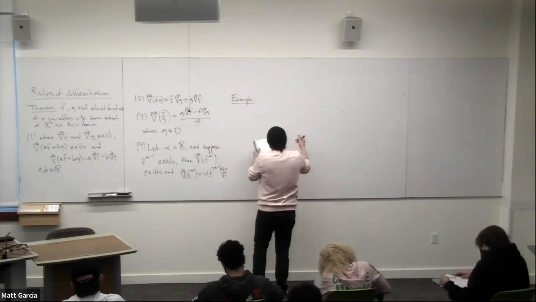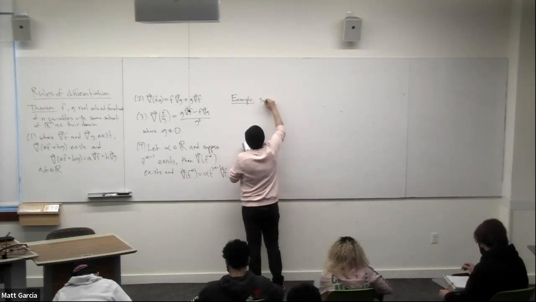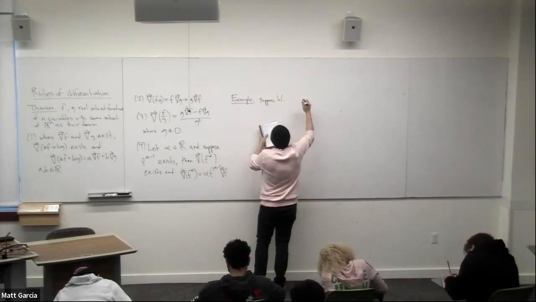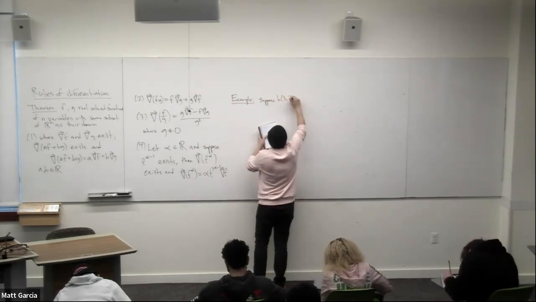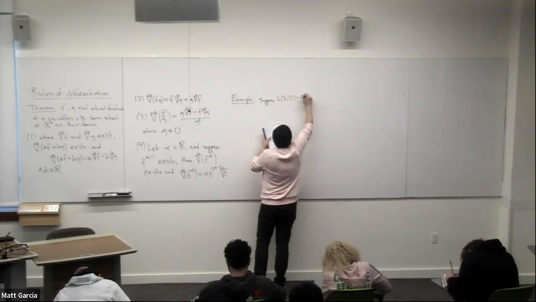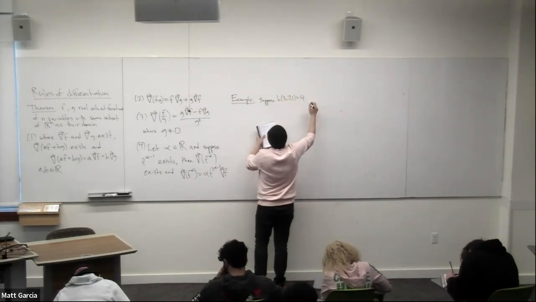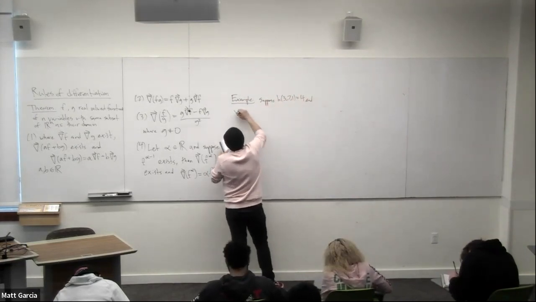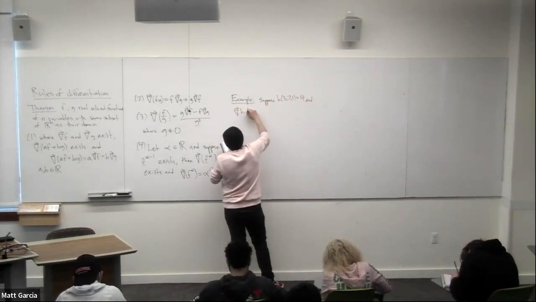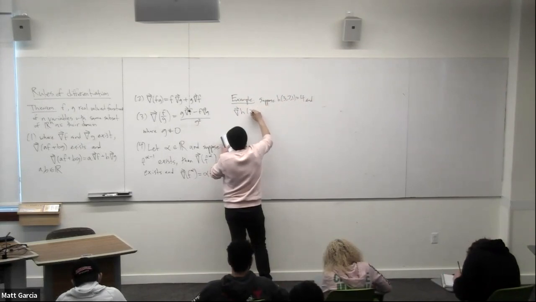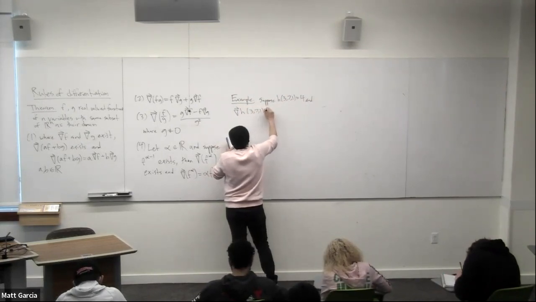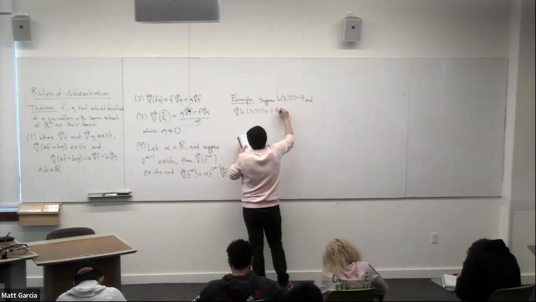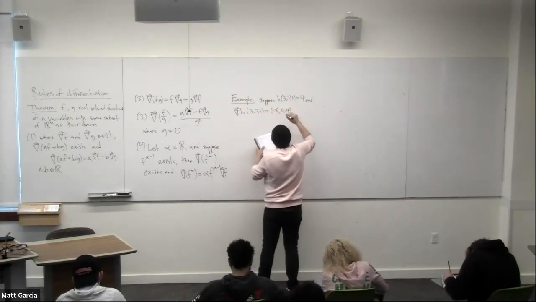Okay, so let's suppose H evaluated at the vector (3, 7, 1) is equal to 4. And the gradient of H evaluated at that same vector, (3, 7, 1), is equal to the vector (-8, 0, 4).